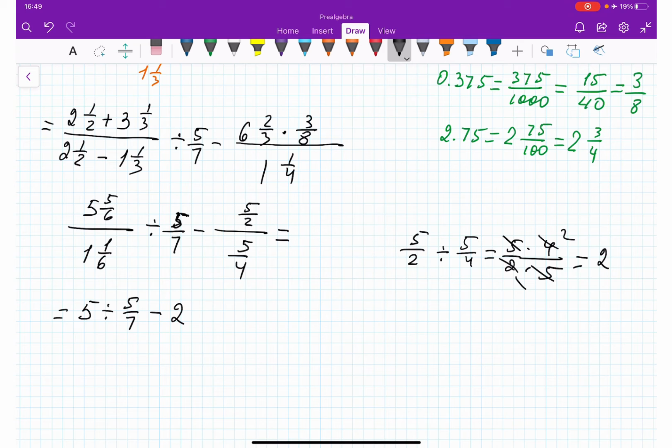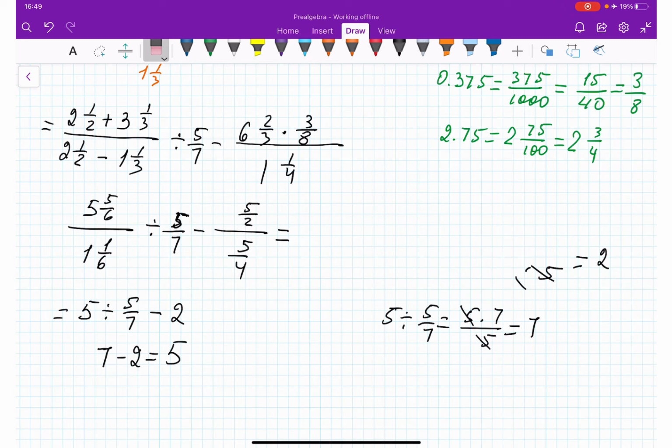Let's see. First, 5 divided by 5 over 7. We are getting 5 times 7 over 5. This is gone, and we are getting 7. So 7 minus 2, and the answer, we are getting big bold 5 with no fractional part.